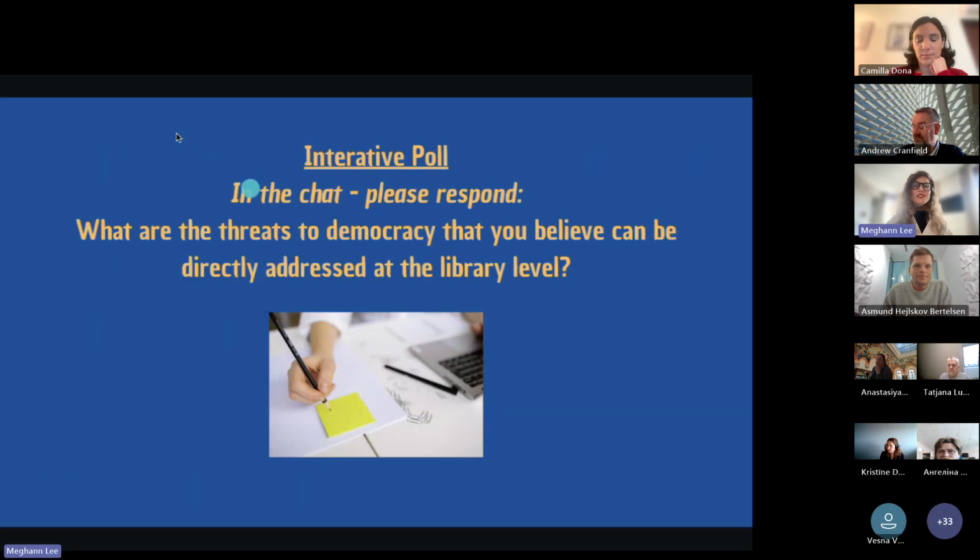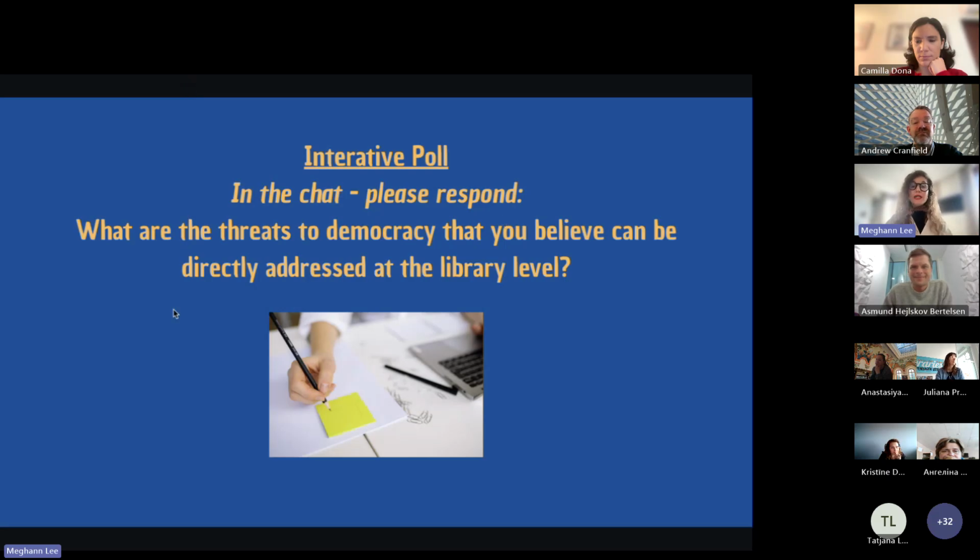Some of you have already participated by writing in the chat, telling us where you're coming from, and I'm going to request that you participate again. In the chat, could you respond? What are the threats to democracy that you believe could be directly addressed at the library level? It's a pretty big question, I know. So take a moment to consider.